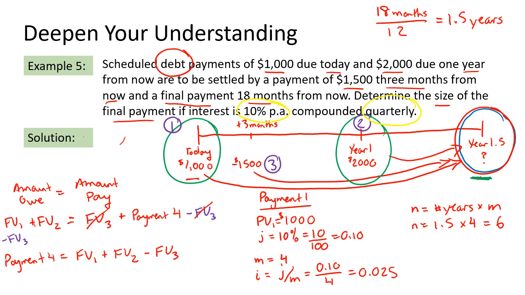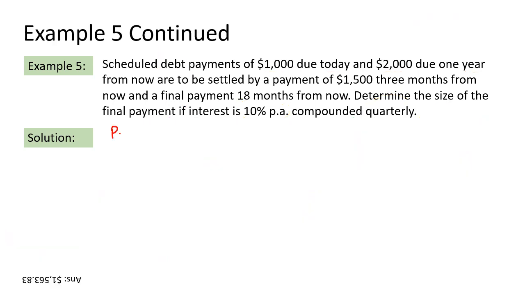I'm going to write our formula again on the next page, and we'll look at doing the next one in order. So our payment 4, like I wrote in the last, is equal to the future value of the first payment plus the future value of the second payment minus what you've already paid off, the future value of payment number 3.